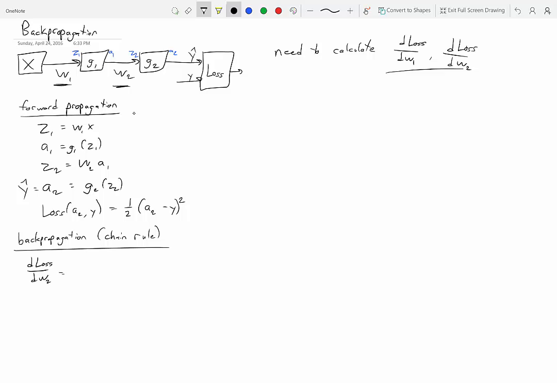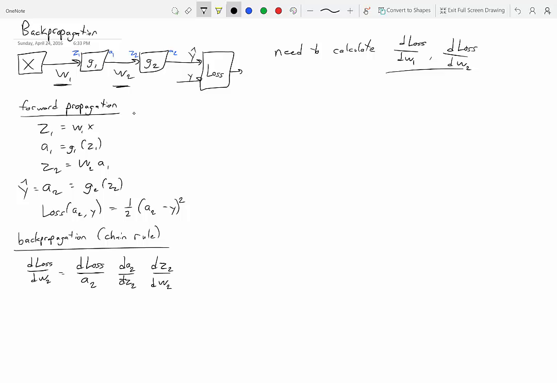First I'm just going to write out what the chain rule is for this, and then I'll explain why we do this. As we do backpropagation, we're going to work backwards. That's the motivation. So what is my loss function in terms of? It's in terms of A2. Now what is A2 defined as? A2 is defined in terms of Z2. And what is Z2 defined in terms of? W2.